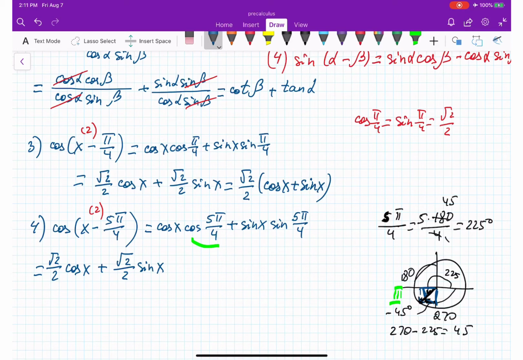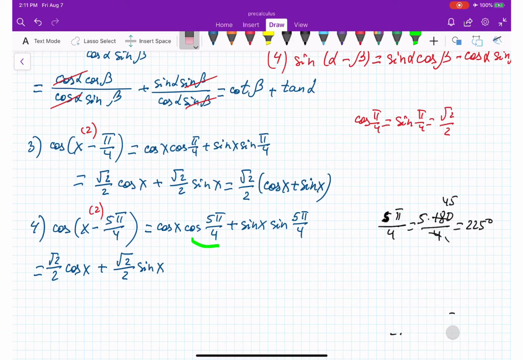Okay, so I keep looking at this picture. The other way, it could be easy for you if you imagine it this way.